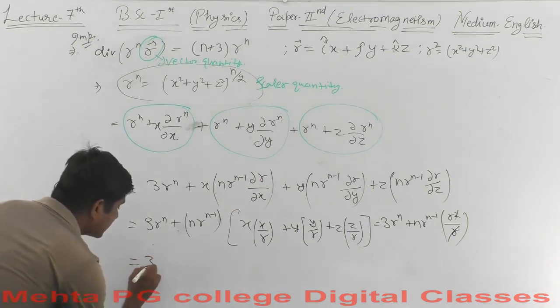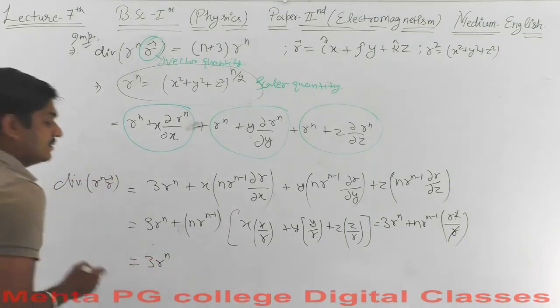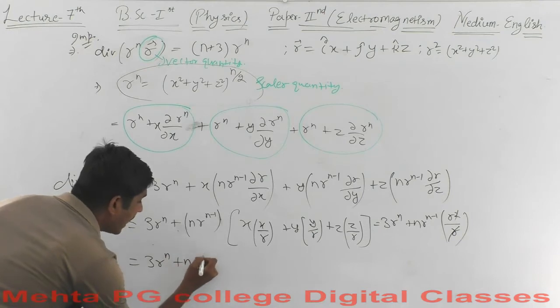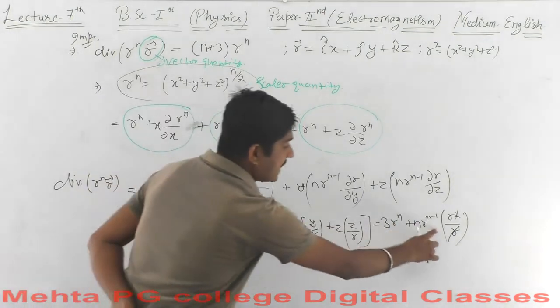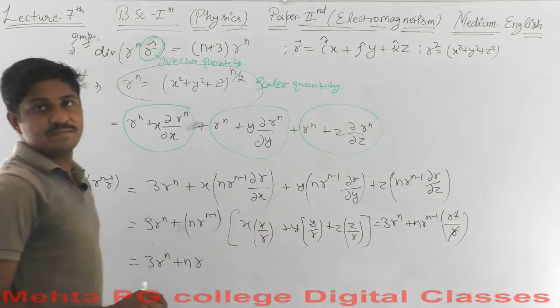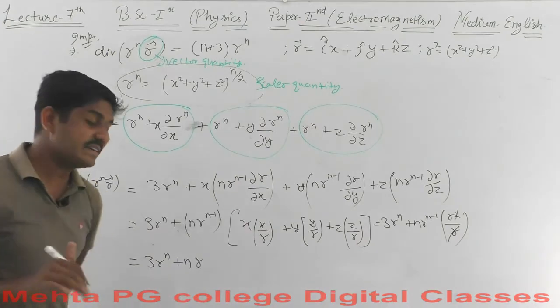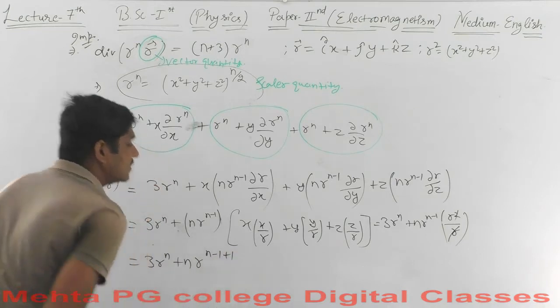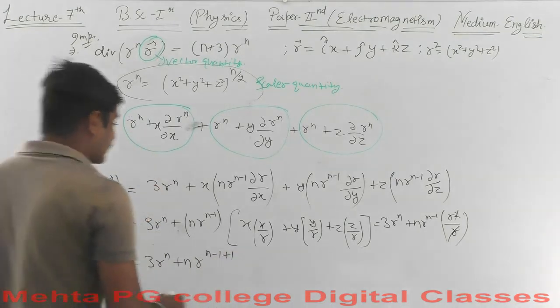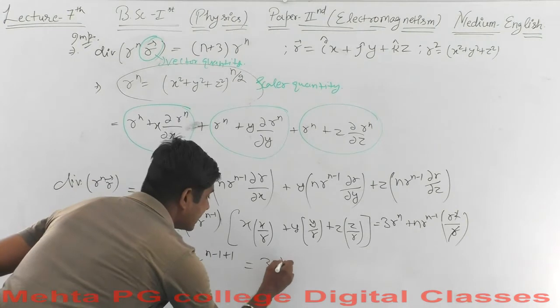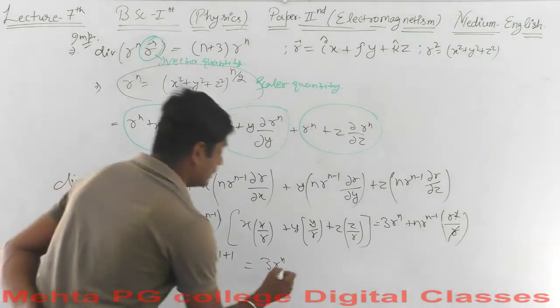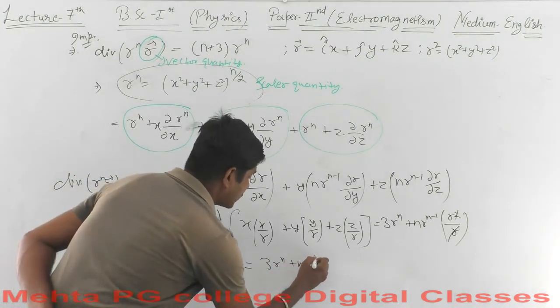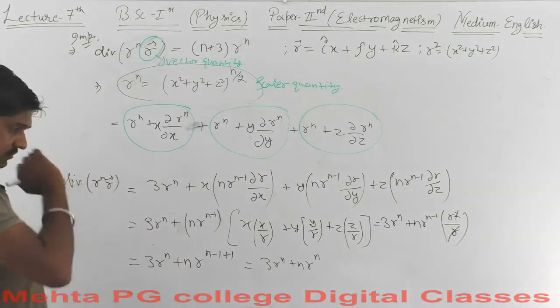So what remains is 3r raised to power n plus nr raised to power n minus 1 plus 1. You see what I am saying here? r raised to power n minus 1 plus 1. So the result is 3r raised to power n plus nr raised to power n.